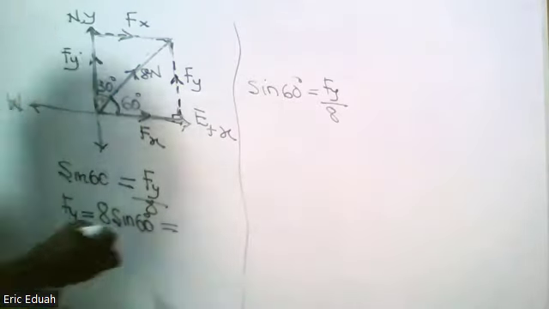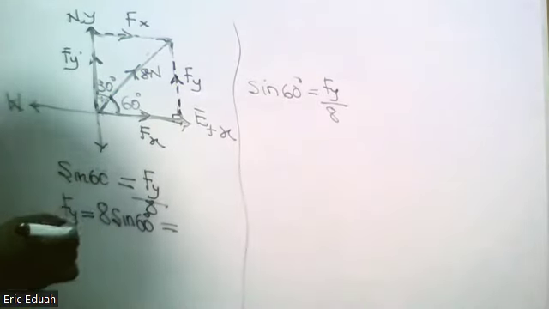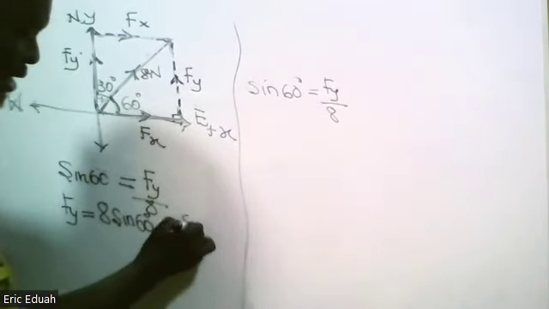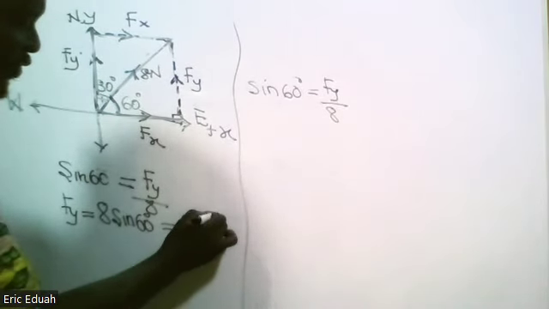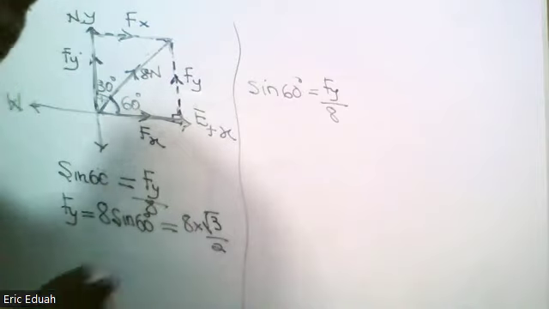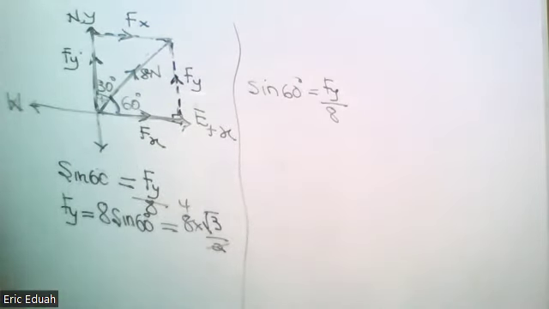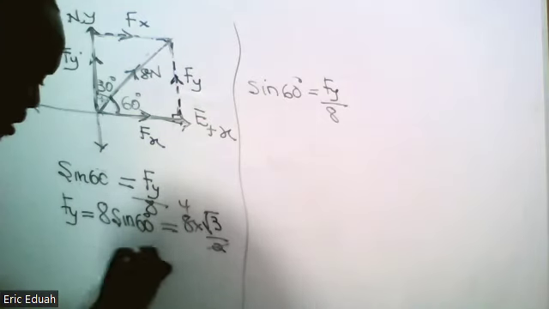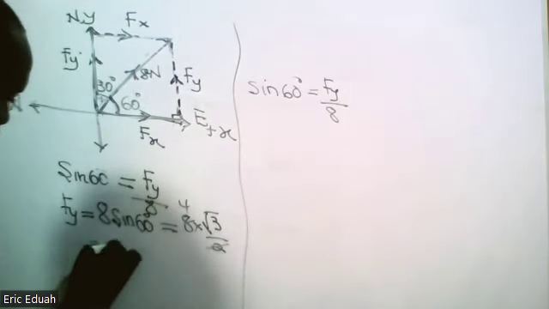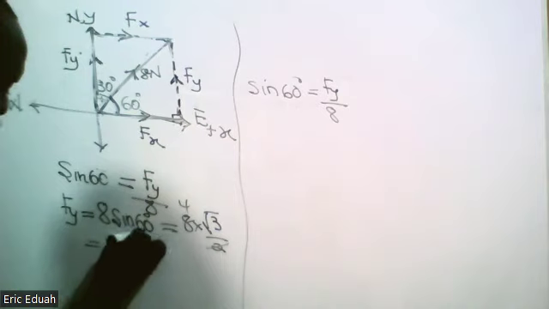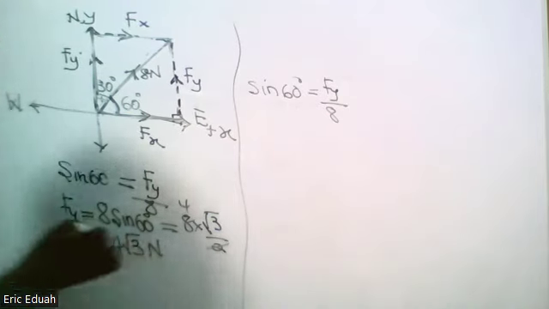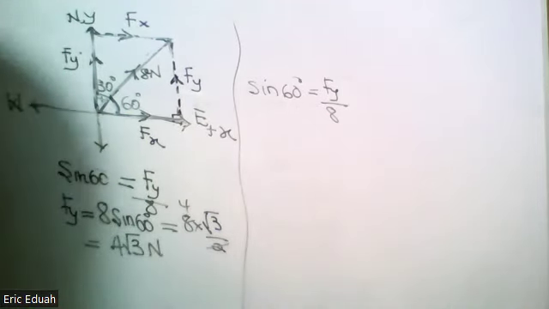And sine 60 is equal to root 3 on 2. So 8 times root 3 on 2, which is equal to 4 root 3. This will be 4 times root 3 Newton for the vertical component.